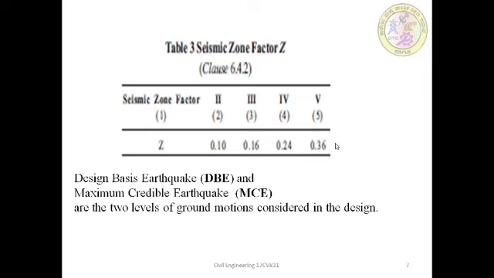The structure should be safe against this earthquake load. Further, the MCE refers to the unexpected earthquake which the structure may or may not face during its lifetime. MCE stands for the maximum credible earthquake, which is the maximum shaking that can be predicted statistically based on the history and the probability of occurrence in future.